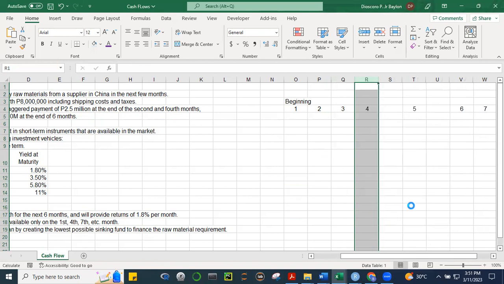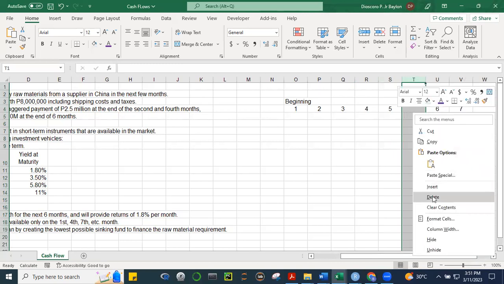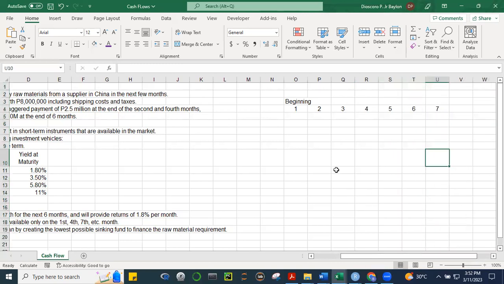Why are there gaps? The cash flow requirements. So we invest at the beginning of month 1, and then the cash flow requirements will be at the beginning of month 3. How much do we need at the beginning of month 3?